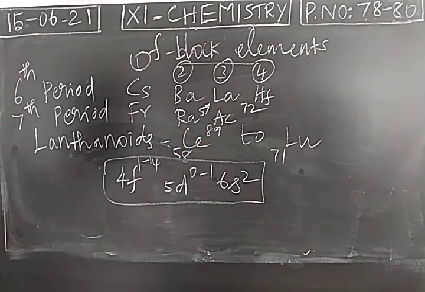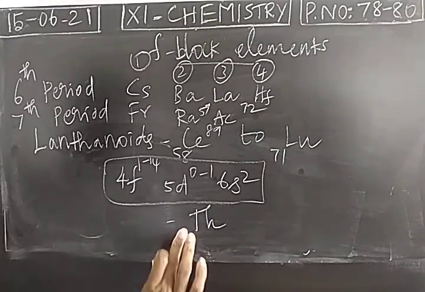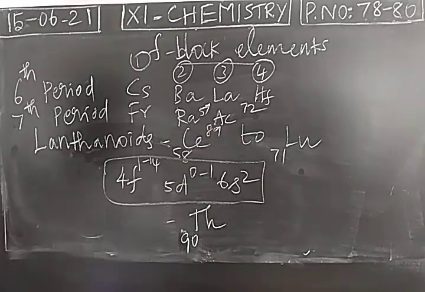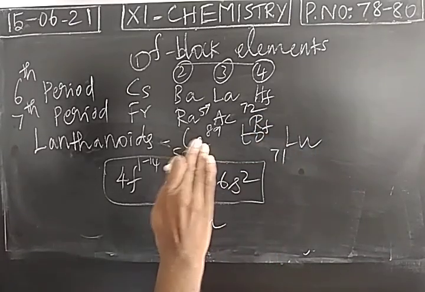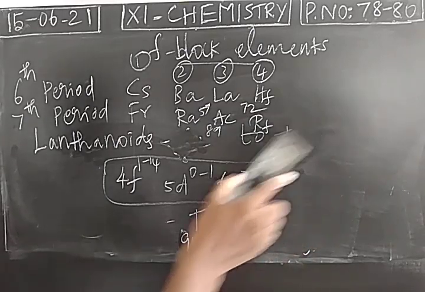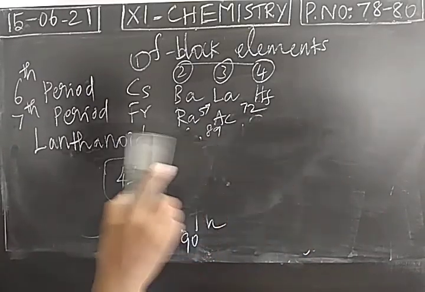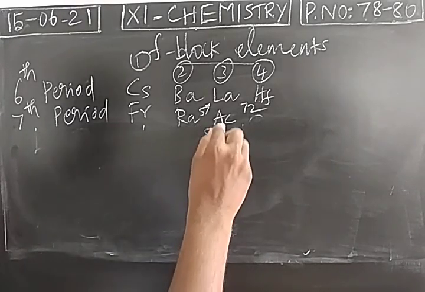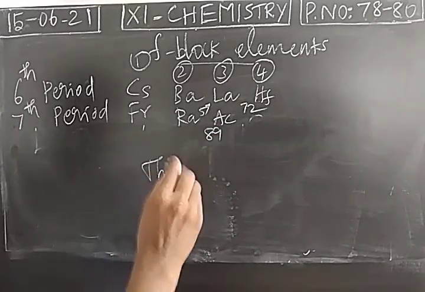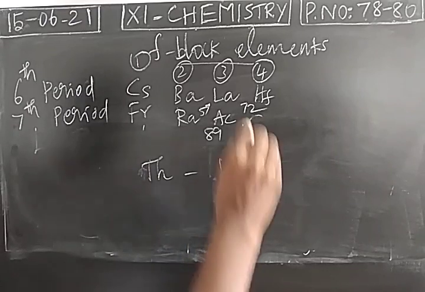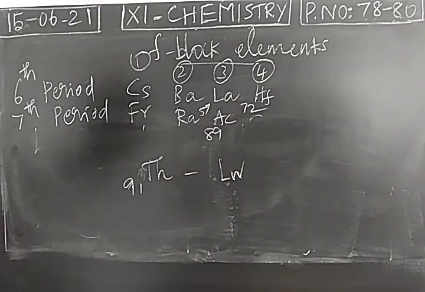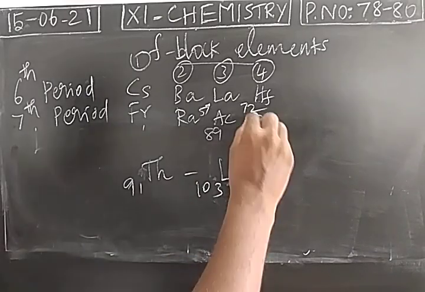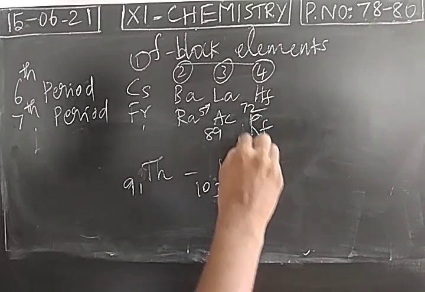After actinium, we take 14 elements, thorium with atomic number 90 to lawrencium, 91 to 103 atomic number. So the next element is rutherfordium with atomic number 104.